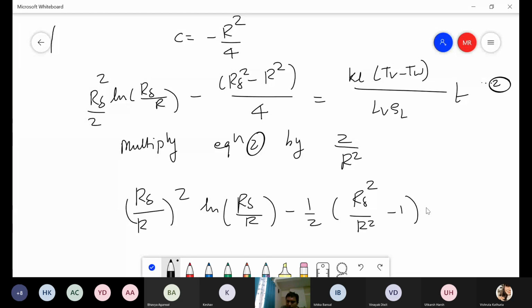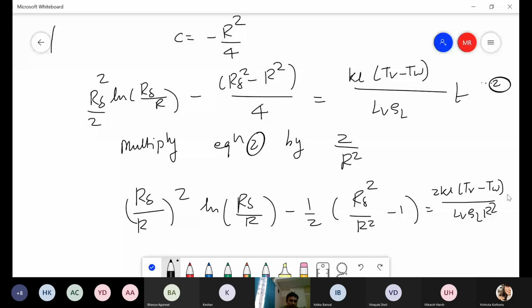and the right hand side is going to become 2 k_L (T_V minus T_W) divided by rho r square L_V t.